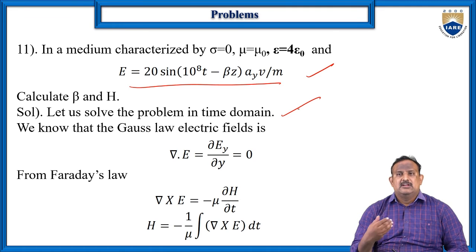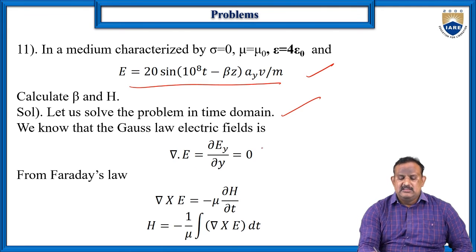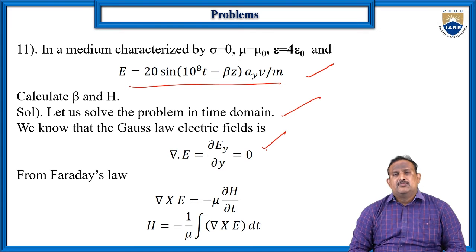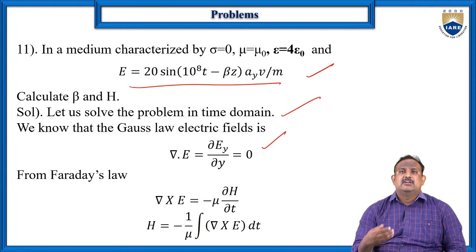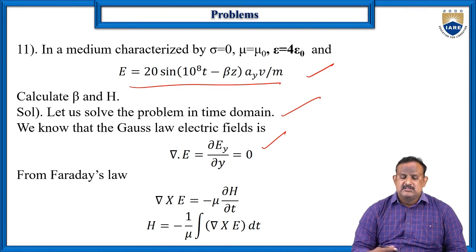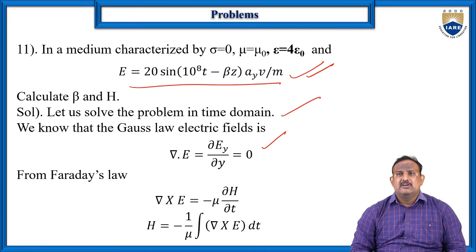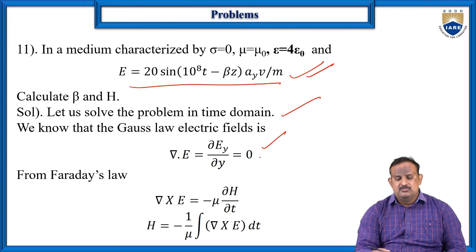According to Gauss law, del dot E is equal to 0. Therefore, del dot E is equal to dou Ey by dou Y, because the total electric field intensity is along Y direction. Therefore, dou Ey by dou Y is equal to 0.